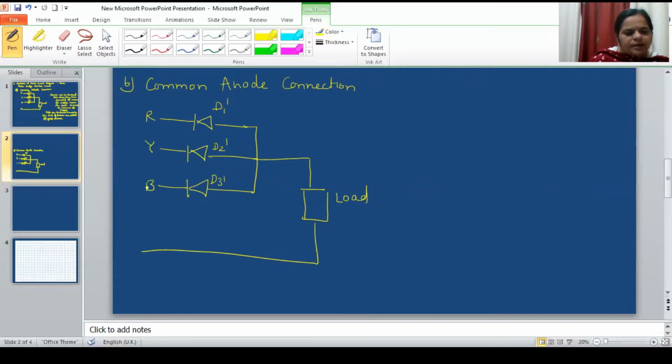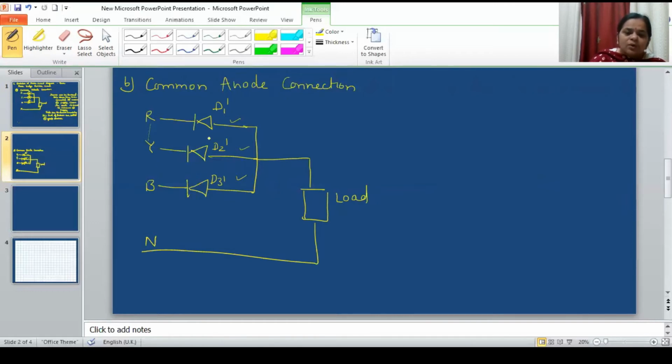D1 dash cathode is connected to R phase, D2 dash cathode is connected to Y phase, and D3 dash cathode is connected to B phase. That kind of connection is called a common anode connection, because the anodes of these three diodes are short circuited so that they are at the same potential, and the cathodes are connected to the three-phase AC supply.